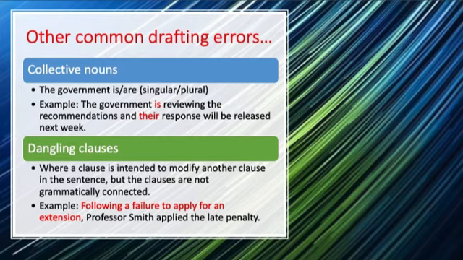So we've got singular in the use of the verb "is", and then when we refer back to the government, the sentence uses the word "their", which is plural. So we've got singular and plural in the same sentence, both referring back to the government. What's important is that we have agreement in that sentence. So we either need "is" and "its", because they're both singular, or "are" and "their".